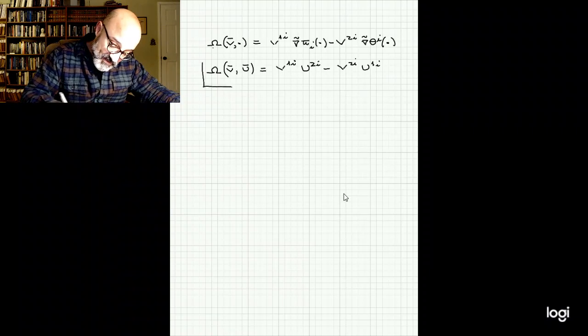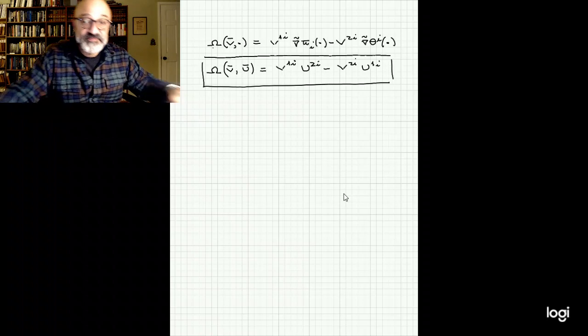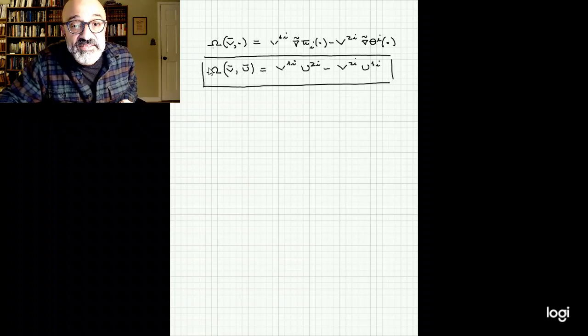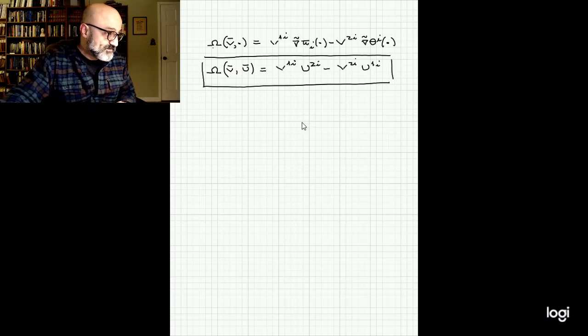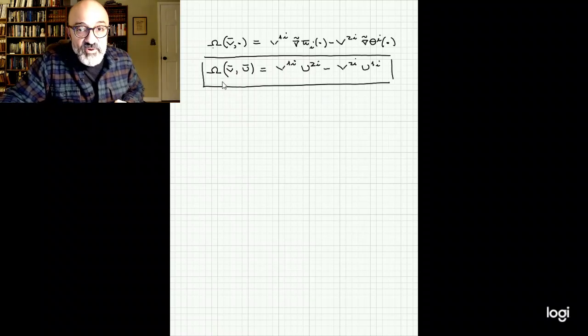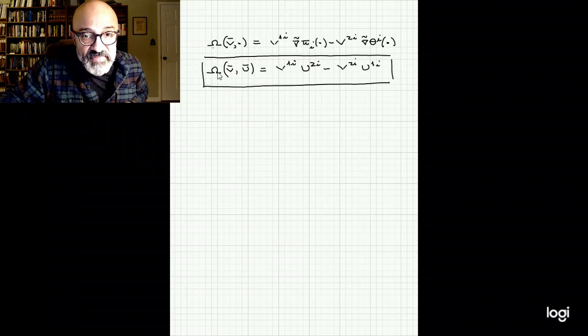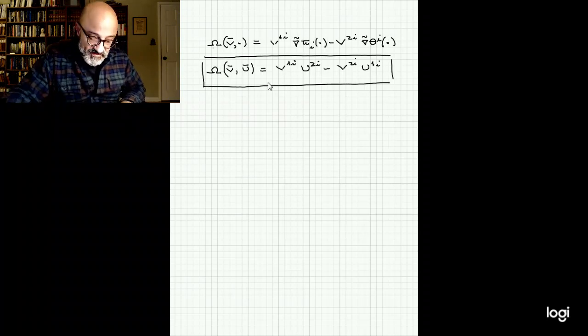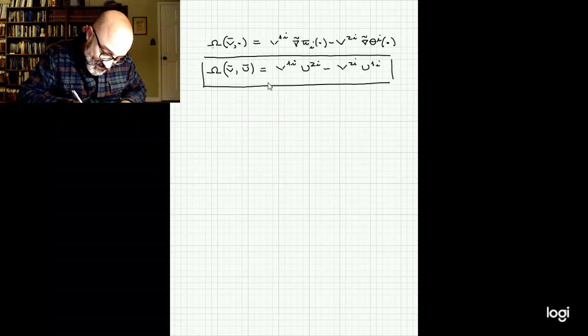So there you have the action of the symplectic form omega on two vectors. You can see that it is anti-symmetric. Very good. We would like to know what the components of this tensor are.